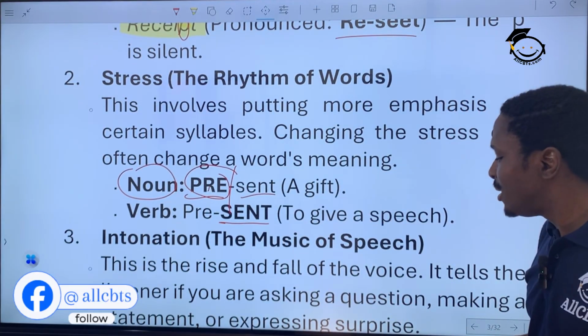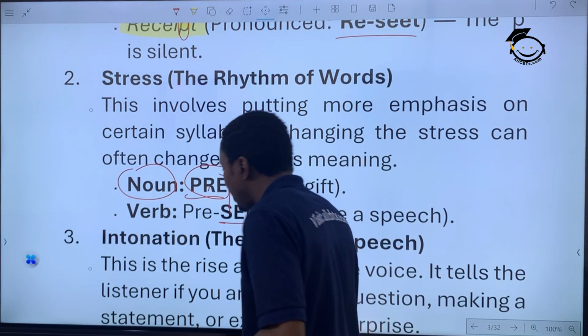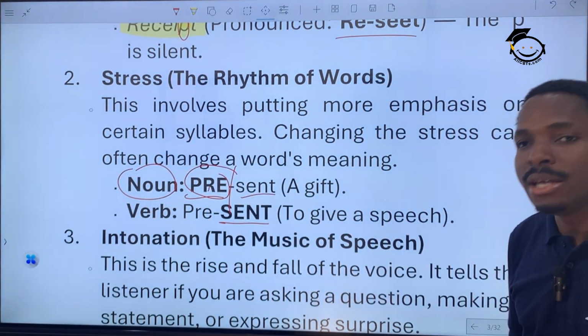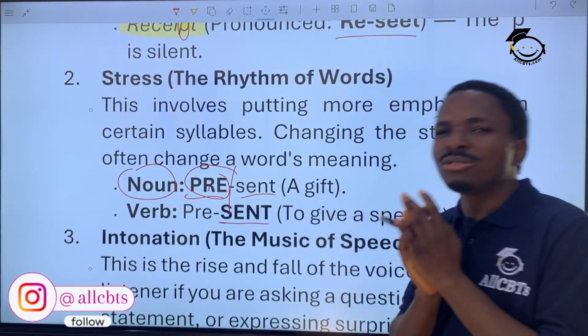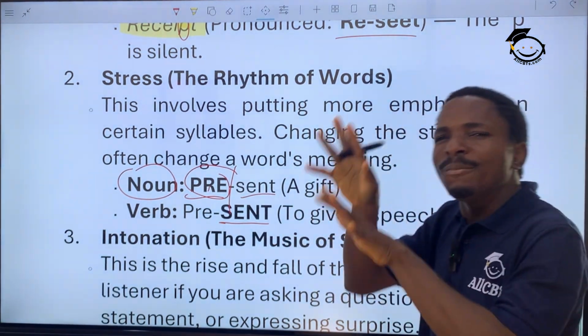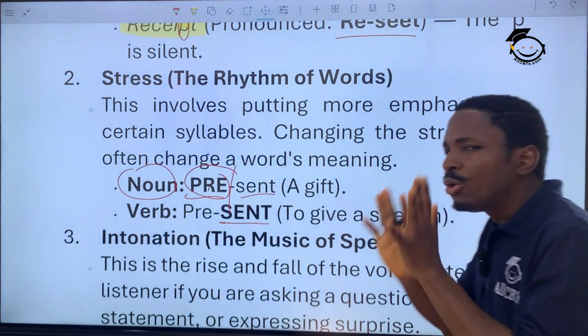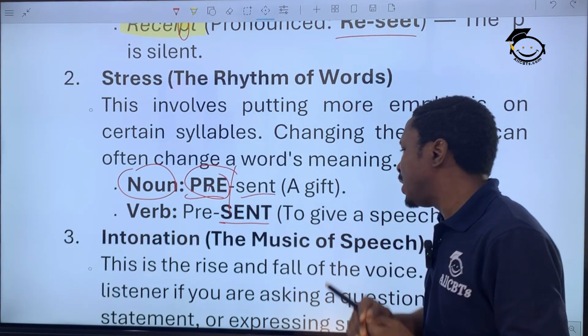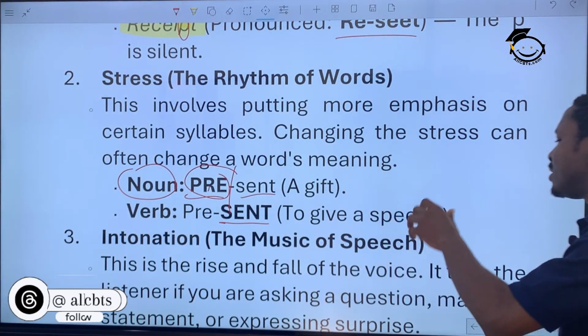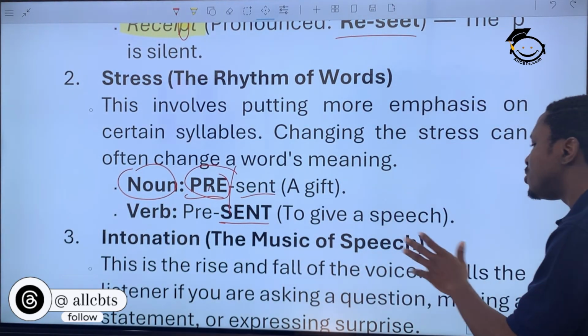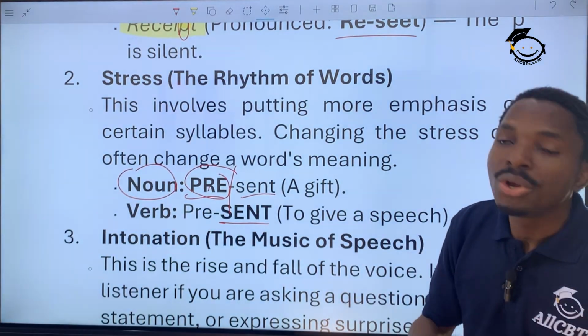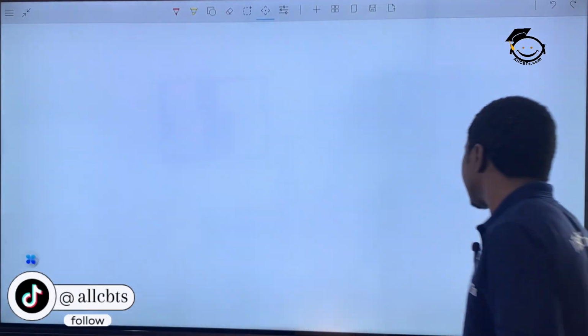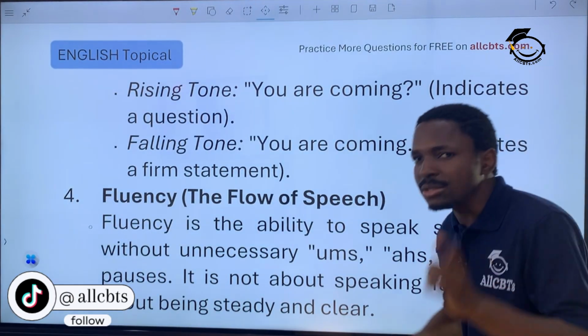Now the third very important thing to note in oral English is intonation, the pitch of your voice. It's the rise and the fall of the voice. It tells your listener if you're asking a question or making a statement. Very, very important.